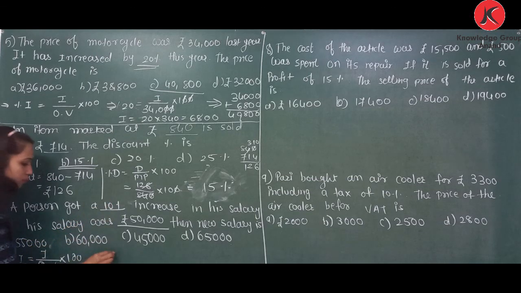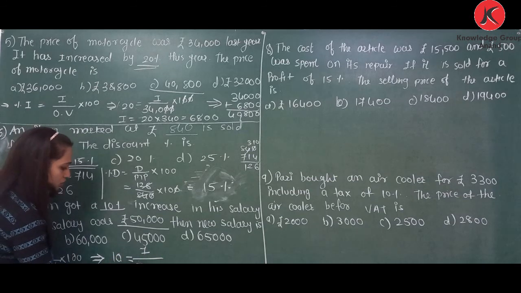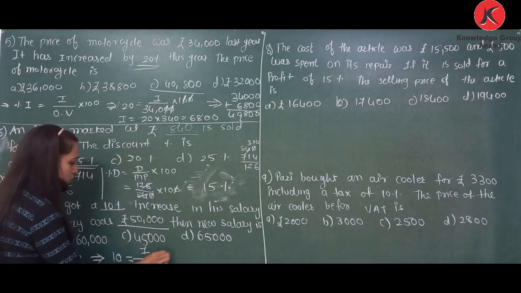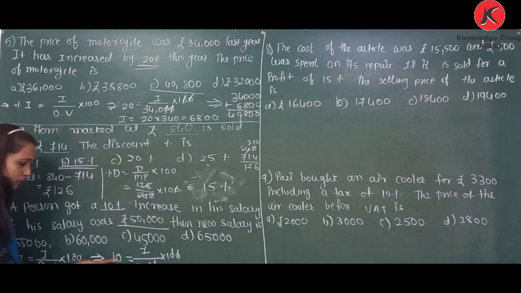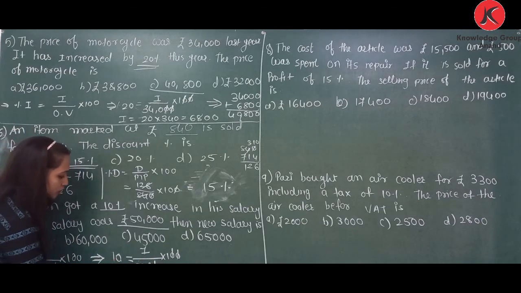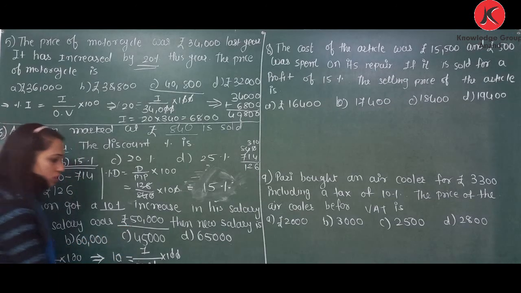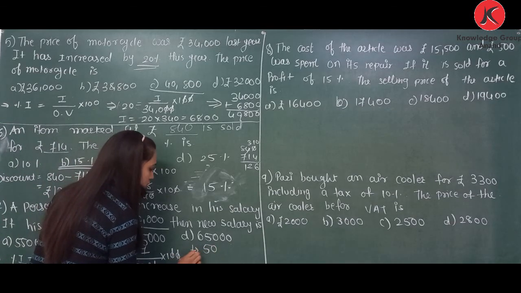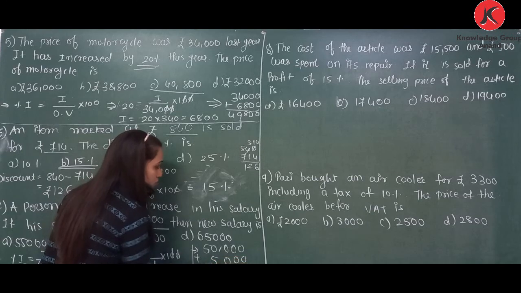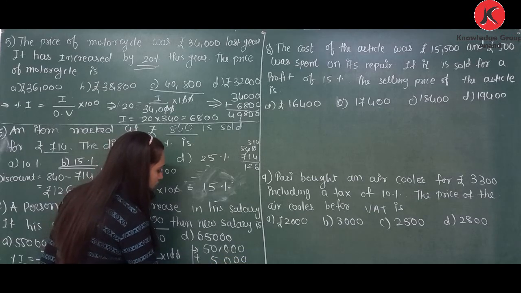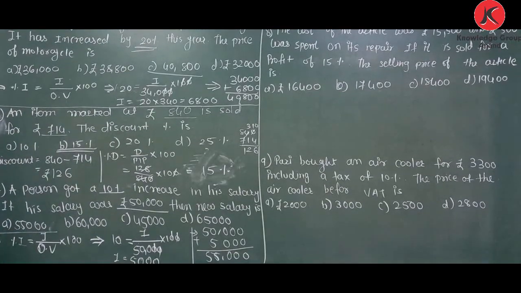So increase is 10%. We need to find the increase in rupees. Before increase is 50,000. So 500 multiplied by 10, increase is 5,000. In 50,000, if 5,000 is increased, the next value will be 50,000 plus 5,000, so it is 55,000. Salary after increase is 55,000. So that is option A.